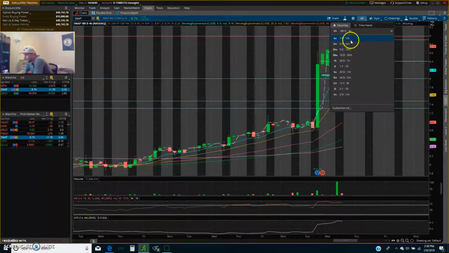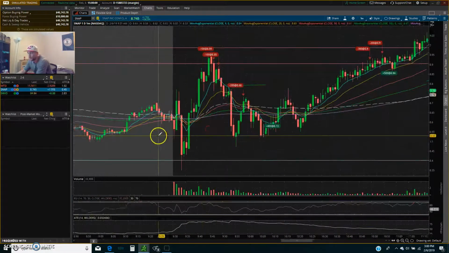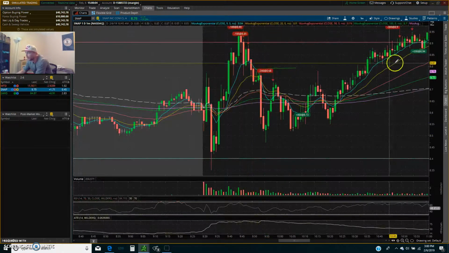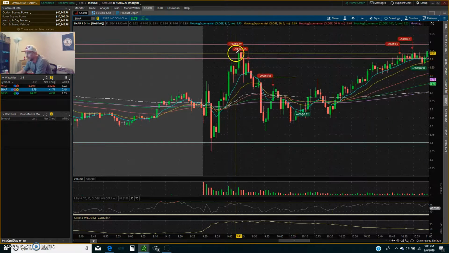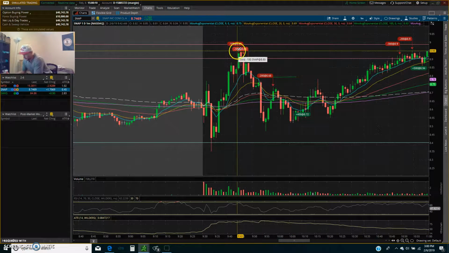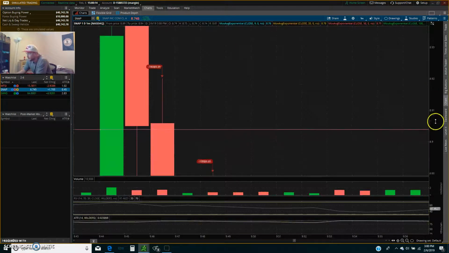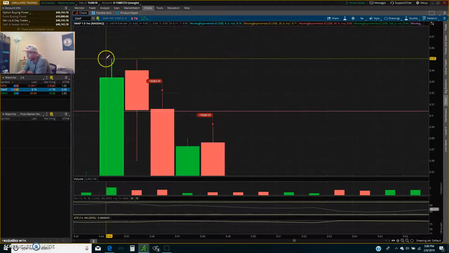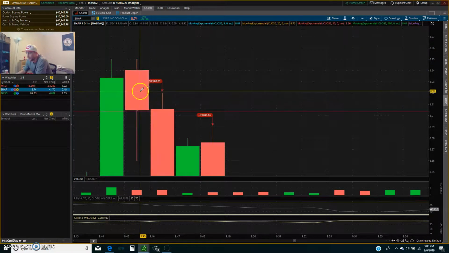Now, let's go and look at the 1 minute and see what happens. So we zoom in here. We can see that the stock came up, didn't quite hit the $9 level, but it got to 8.95, and I saw it coming down, and I thought this would be a good entry at 8.89.